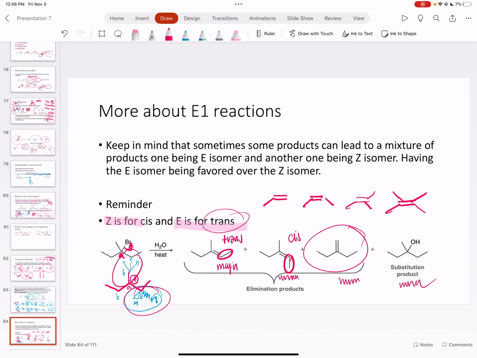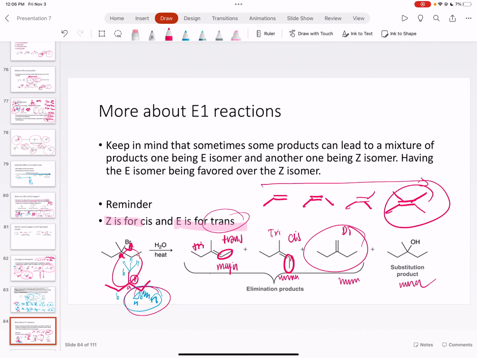So the more carbon bonds we have, the more stable it's going to be. So this is the most stable, or the most substitutions we can have. If you think about it, this one is tri, this one is tri as well, while this one is di. So it's less substituted, therefore it's less stable.